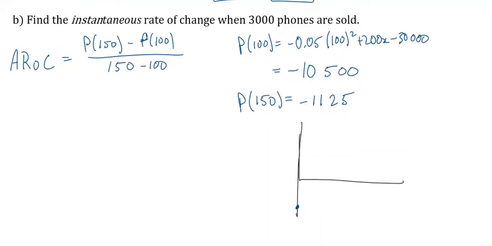At 0, they started down 30,000. And that makes sense. They had to spend $30,000 to open the plant, like they had to spend money to get the operation up and running, buy the material, that kind of thing. So they started way in the hole. But now they're only at negative 10,000. And then by 150, they're getting closer to 0, breaking even.